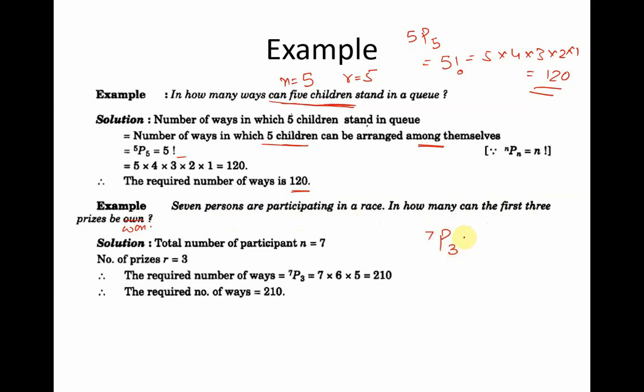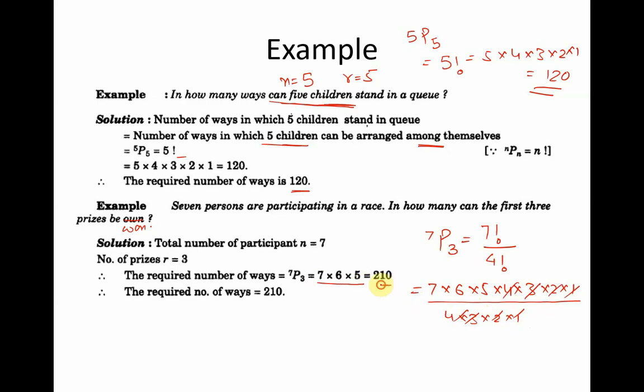So this is 7 factorial divided by 4 factorial, 7 minus 3, that is 4 factorial. So it will be 7 into 6 into 5 into 4 into 3 into 2 into 1 divided by 4 into 3 into 2 into 1. So I can cut these out, 4, 3, 2, 1, 4, 3, 2, 1. So I'll be left with 7 multiplied by 6 multiplied by 5, that is 210.